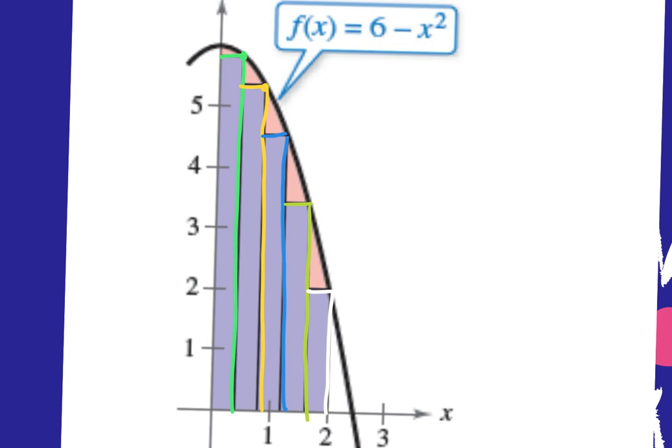Now, because we want to actually be able to find these measurements and have them be the same, your approximations should all be the same, so it will tell you how many rectangles to make, or it will draw them for you. So on the quiz, it would be drawn for you. In the homework, it will be drawn for you. So if you notice, how many rectangles are in this diagram? 5. There's 5 rectangles. So we will find the area of each of those 5 rectangles by doing length times width, and then we will add them together at the end.